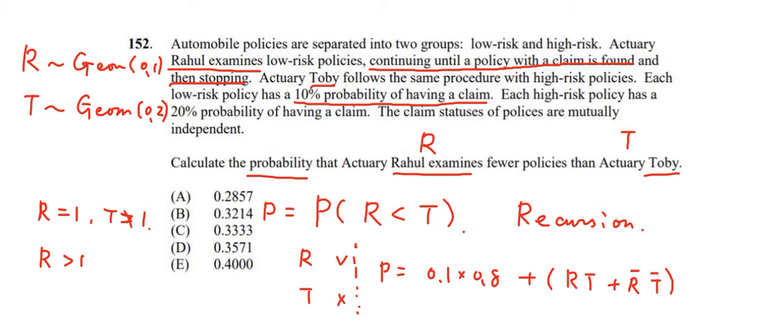Then they will continue, starting from the second one, same as the first one. So we just multiply P, right?